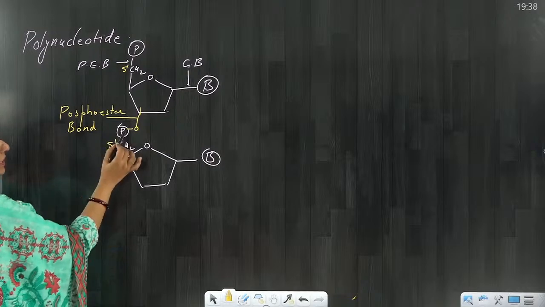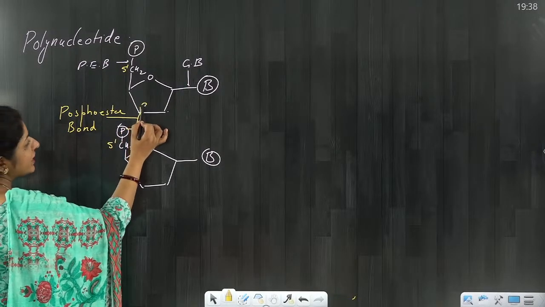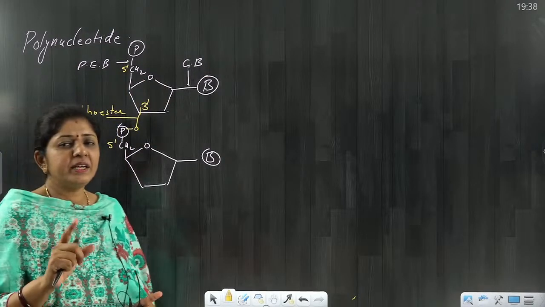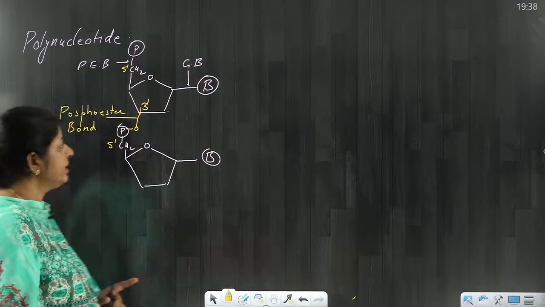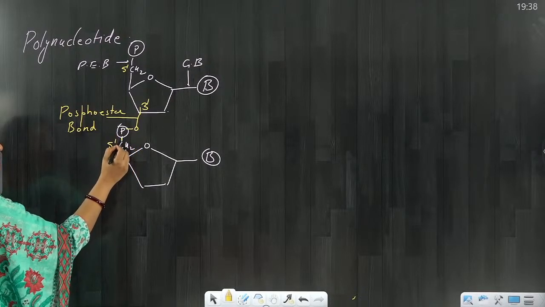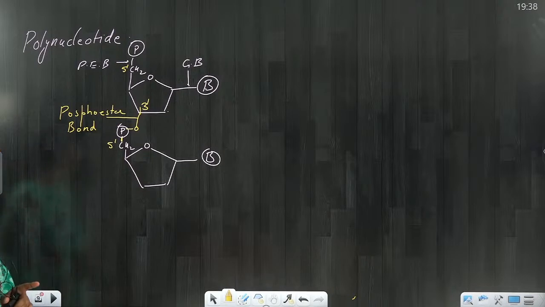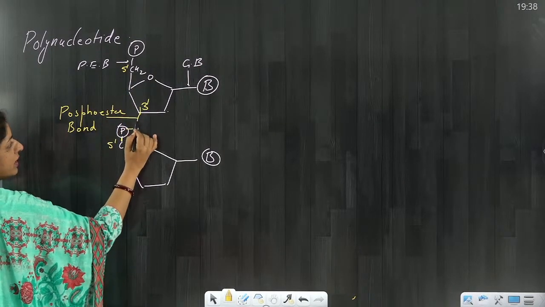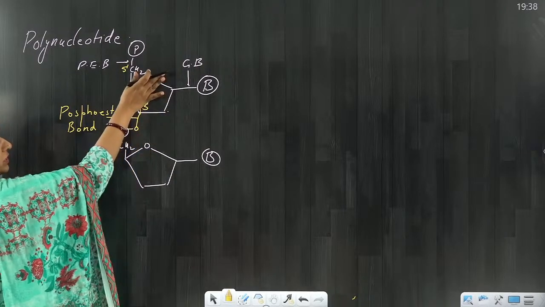Phosphoester bond between this phosphate and the 3 prime position of the neighboring nucleotide. I repeat this, please listen very carefully. This nucleotide has its own phosphoester bond at which prime position? 5 prime. But this is forming the phosphoester bond at which prime position of this nucleotide?